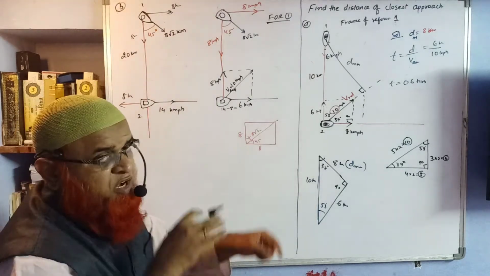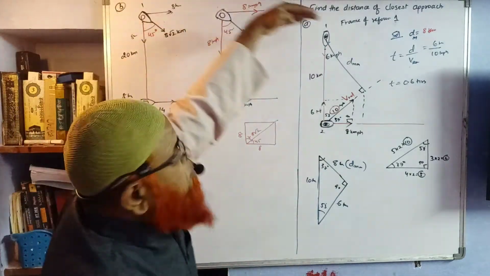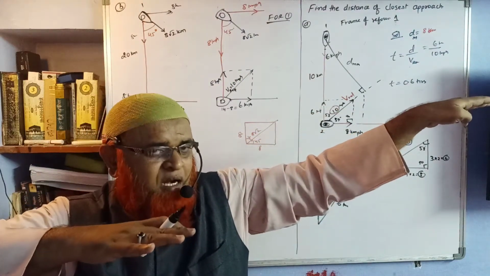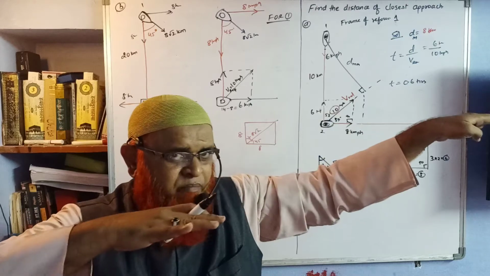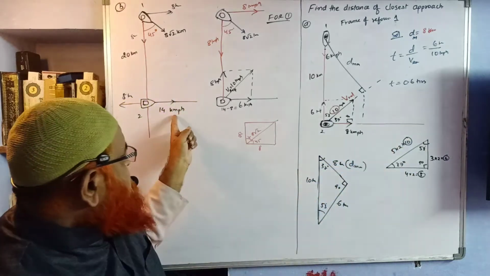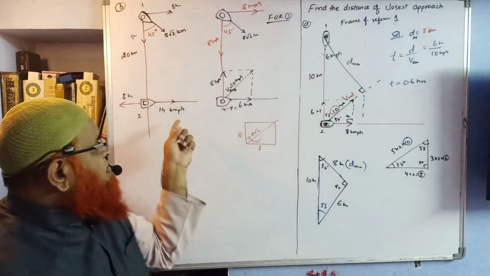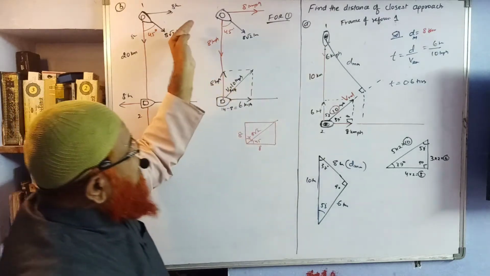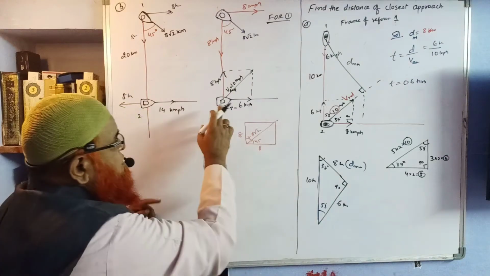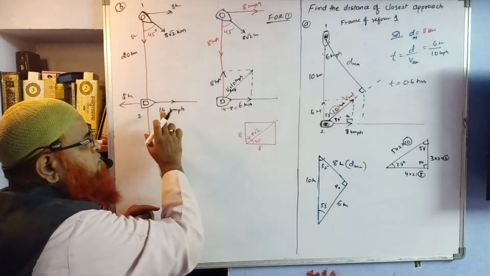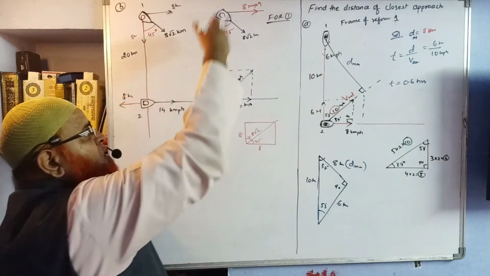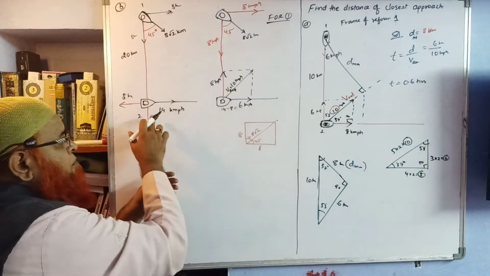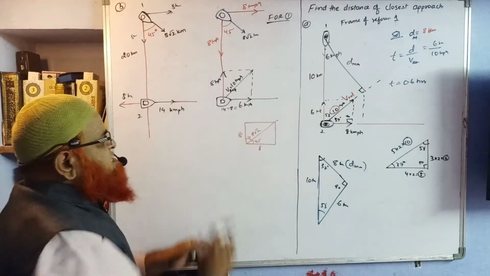This is called the relative velocity, which is 10 kilometers per hour, because already your second boat is moving with a speed of 14 kilometers per hour and your horizontal component is 8. You feel that this boat is moving back a little bit, but as this boat is not at rest, already it has 14 kilometers per hour. With respect to you, as you already have some velocity, you feel that this boat is not moving with 14 kilometers per hour, because you have a speed of 8 kilometers per hour that has been reduced, 14 minus 8, 6 kilometers per hour.